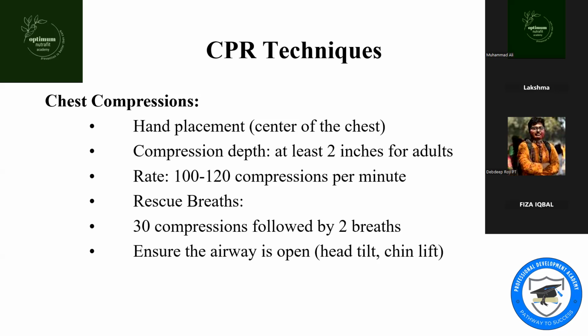Don't forget 30:2. One cycle is complete in 2 minutes, which is 120 seconds. In that time we do 30 chest compressions followed by 2 breaths, again 30 chest compressions followed by 2 breaths, for at least 120 seconds, which is 2 minutes.